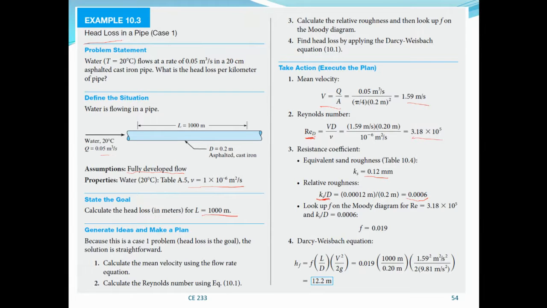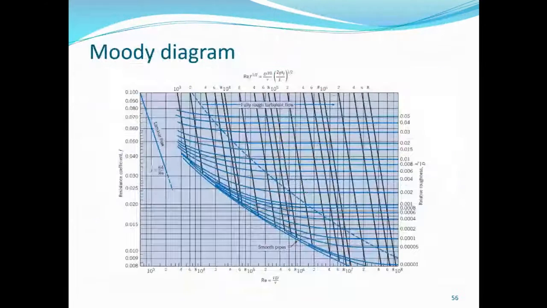We can look up 3.18 times 10 to the power of 5 and relative roughness 0.006. So we go to the relative roughness 0.006, which is this curve.